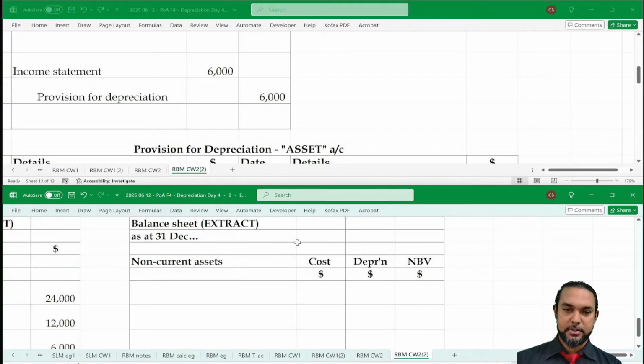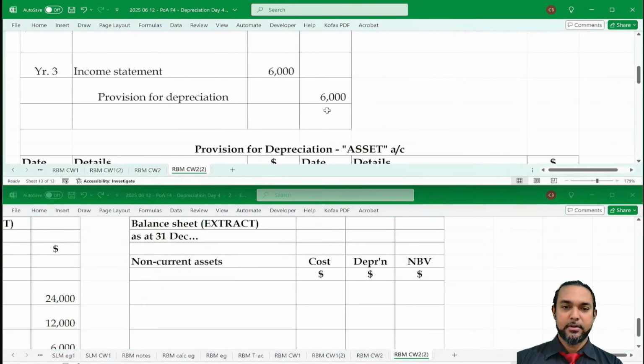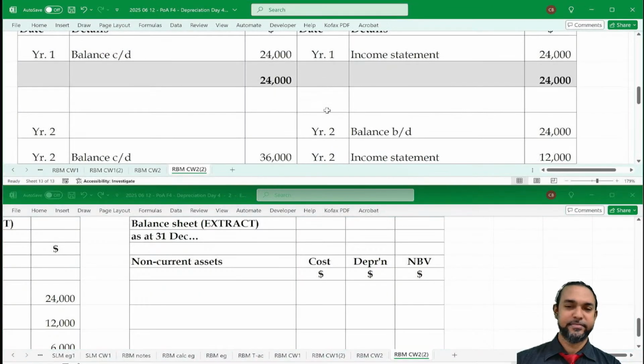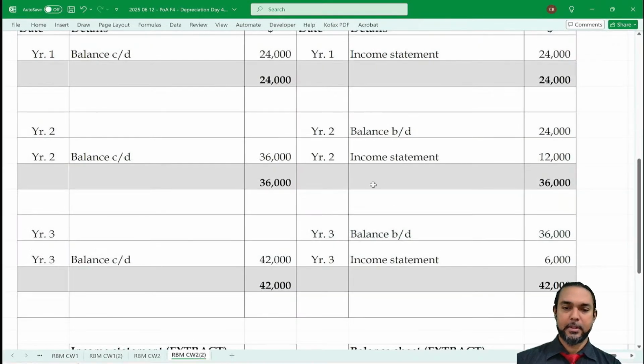Sorry, let me just see how best I could position this up here. All right, hold on.